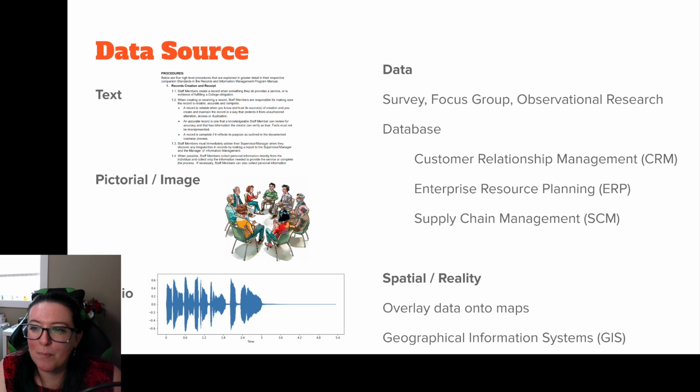We can have databases that are related to enterprise resource planning. So this is tying together our manufacturing, our customer orders, our employee scheduling. As we tie together all this information within a business, all of this data is tied together into a database so we can use it to see relationships.